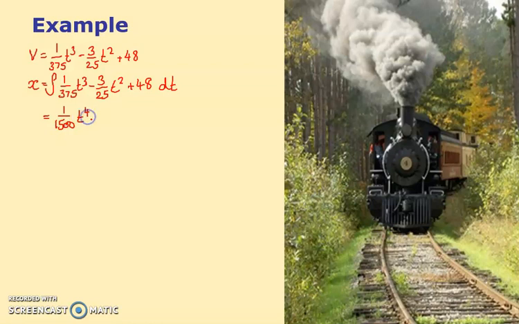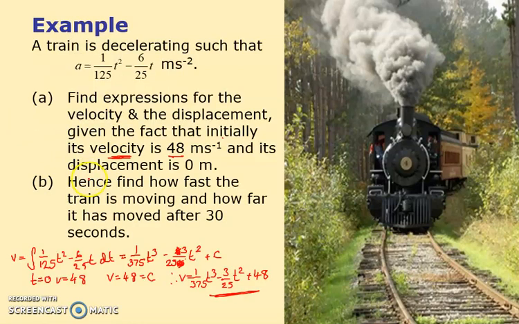t to the 4 minus, now we've got to put a 3 here, so that goes 3 over 75, or if you like 1 over 25. At least they're cancelling those ones. 48 becomes 48t, plus a new constant, this is what x is. Now it did say the initial displacement was 0.